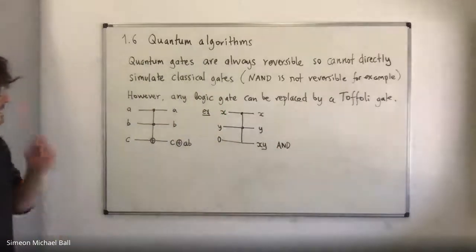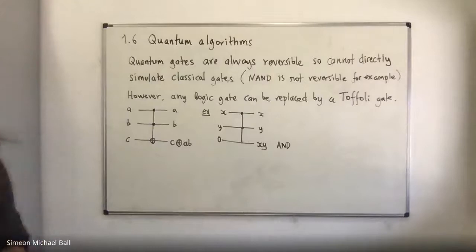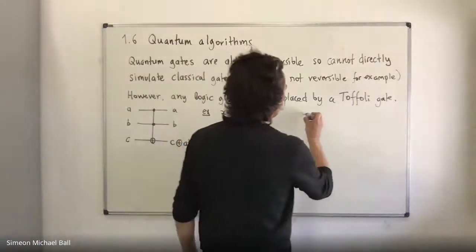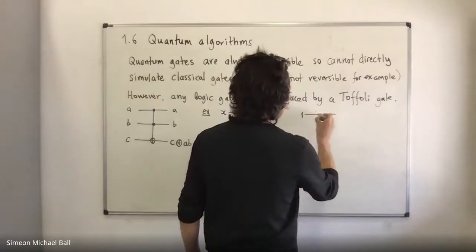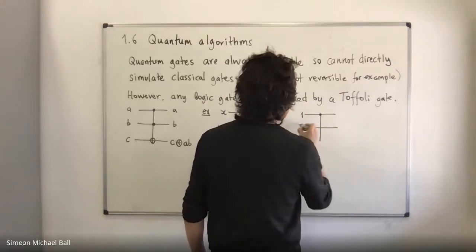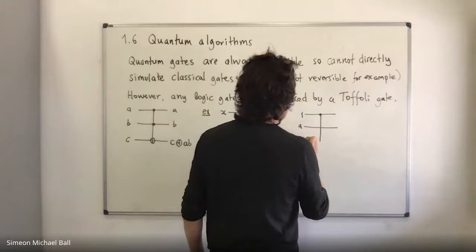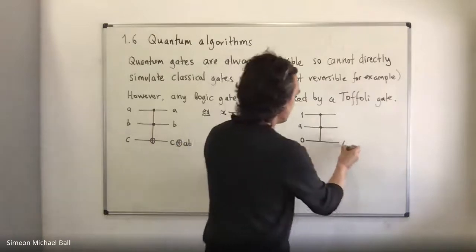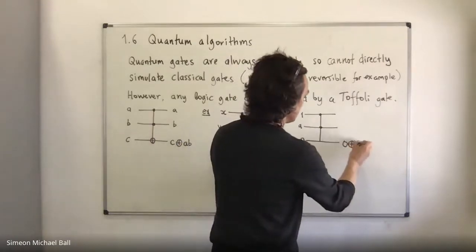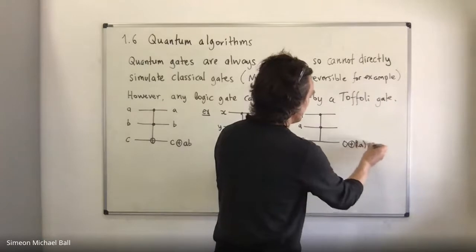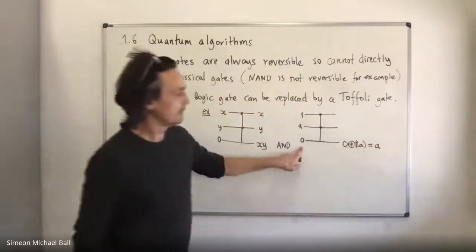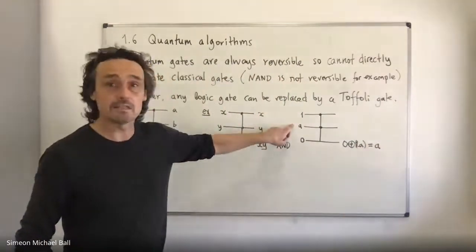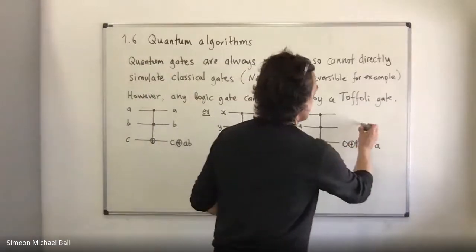Okay, I'll do one more for you because this is an important one. 1, 0. So 1 AND 1 would be 0 plus 1 times 1 times A, which is A. So this is fan out.